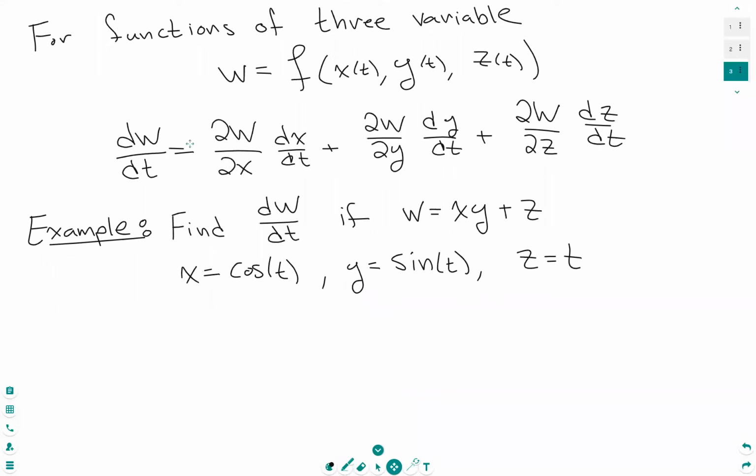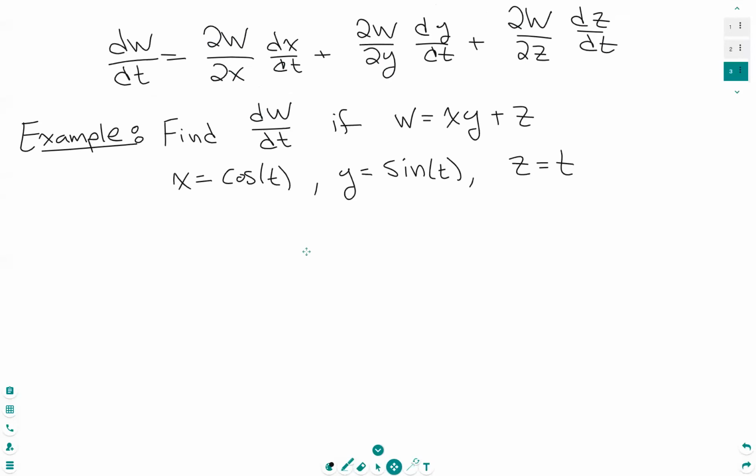So looking right above here, these are all the terms that we're going to need to figure out what dw/dt is equal to. So let's go ahead and calculate those. And they should all be in terms of t at the end.